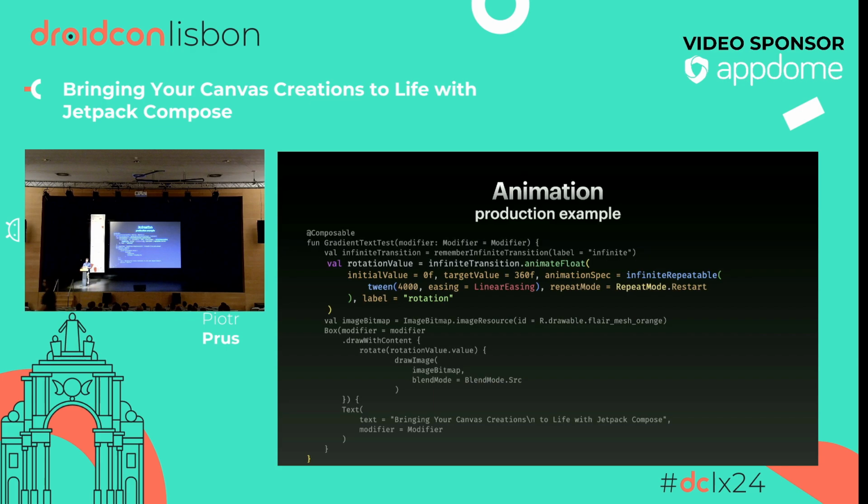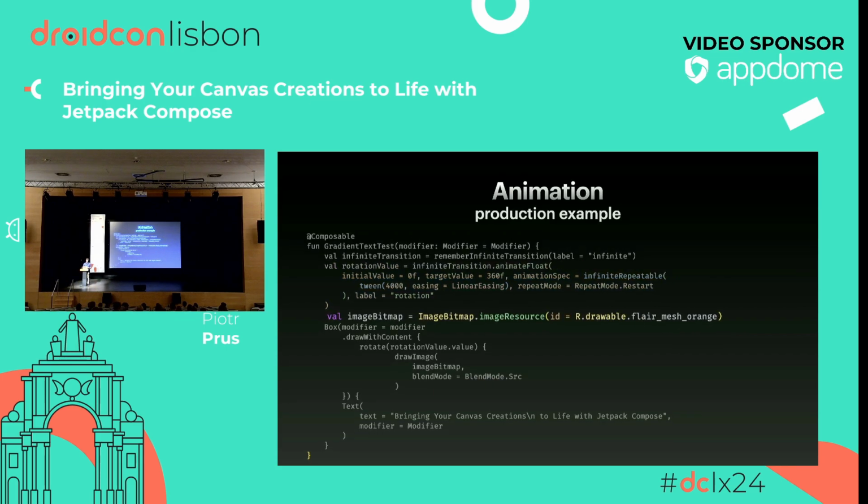With the linear easing for 4 seconds, and then we'll need this bitmap of the mesh that I just showed you. And then what we are doing here, we are drawing the content, putting the transform rotate, and we are drawing the image with the blend mode.